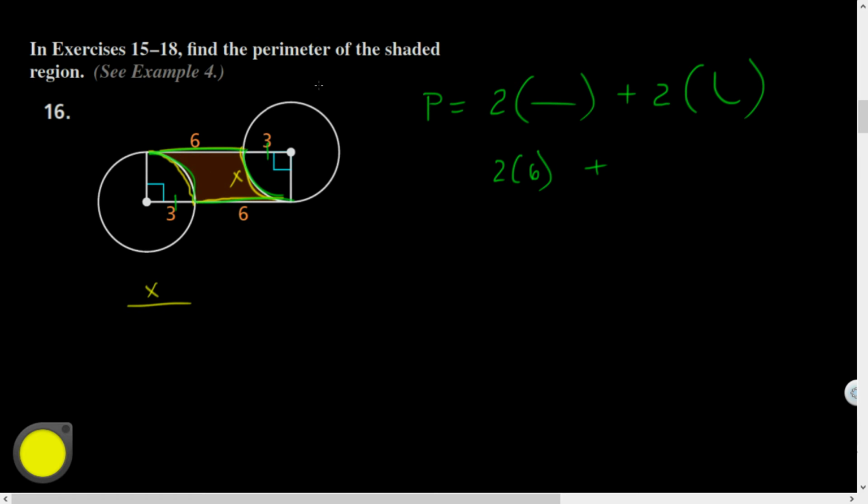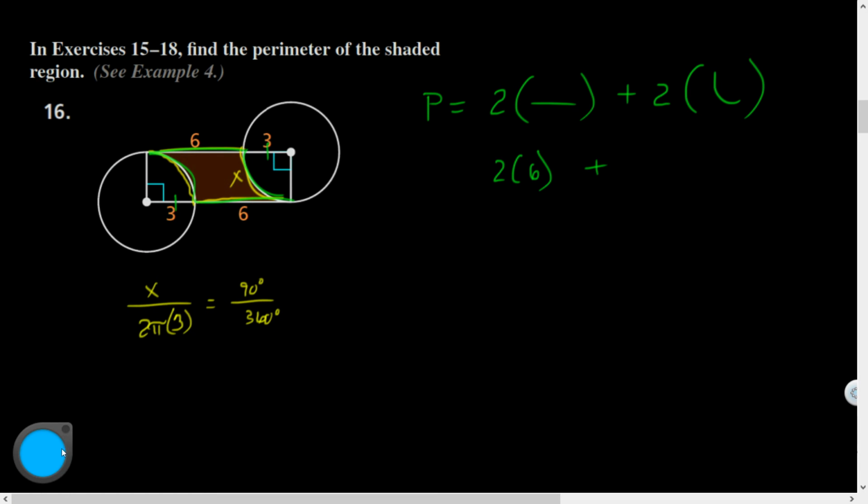But this isn't an area question, this is perimeter. But today's problems will be area, so you're ready for them. So x compared to the circumference, 2 pi times 3, will equal 90 degrees over 360 degrees. All right?